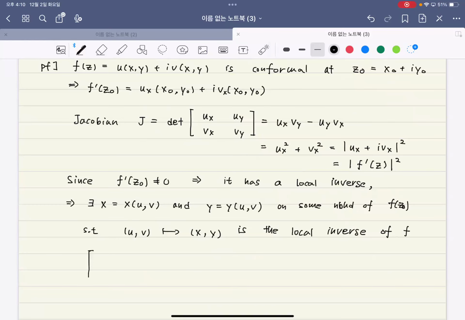On top of that, now I want to consider the derivative of this local inverse. The matrix derivative of this local inverse should be something like this. But because of our theory, borrowed from multivariable calculus, this is just the inverse matrix of the original matrix derivative.